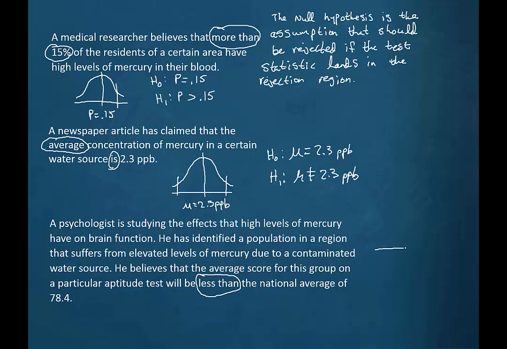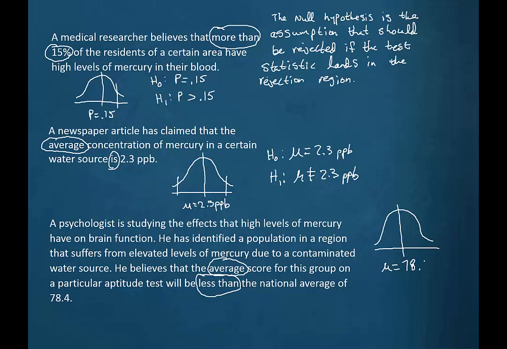So if we again think about our distribution here, we're conducting a hypothesis test about a mean average score. The hypothesis has to do with whether or not it is less than 78.4.